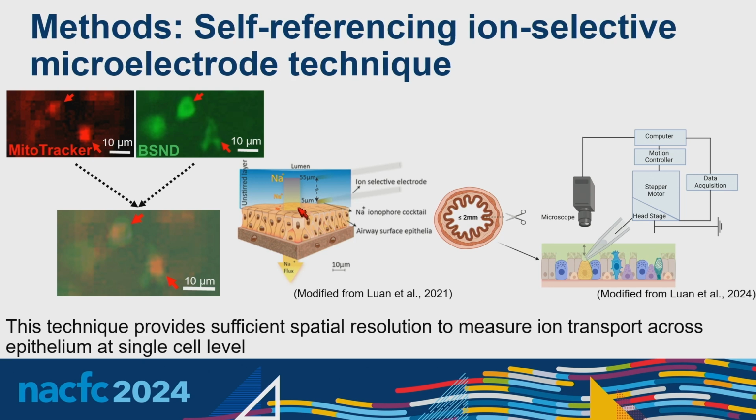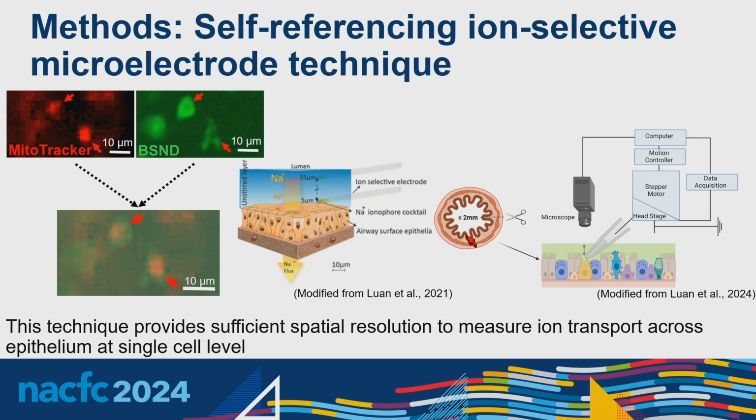When the cell consistently transports sodium from the apical side to the basolateral side, it will create a lower sodium layer close to the tissue compared to the background. So this ion selective microelectrode can pick up the gradient difference close to the tissue compared to the background, and we use Fick's laws of diffusion to calculate back how fast the ion passes through that single cell.